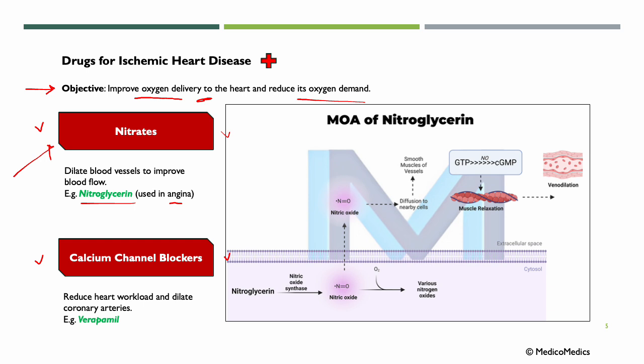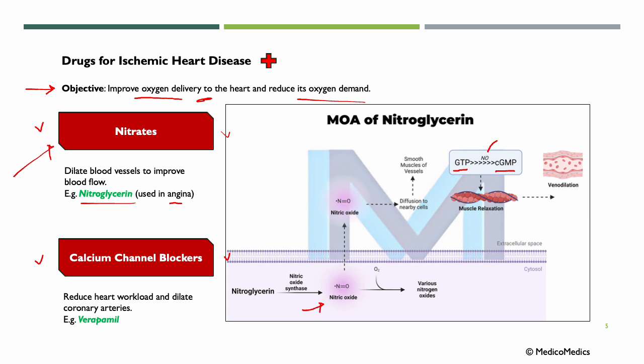So here you see the mechanism of action of nitroglycerin. So nitroglycerin is converted into nitric oxide, or NO. Nitric oxide diffuses into smooth muscle. This activates guanylate cyclase. And guanylate cyclase converts GTP to cyclic GMP.